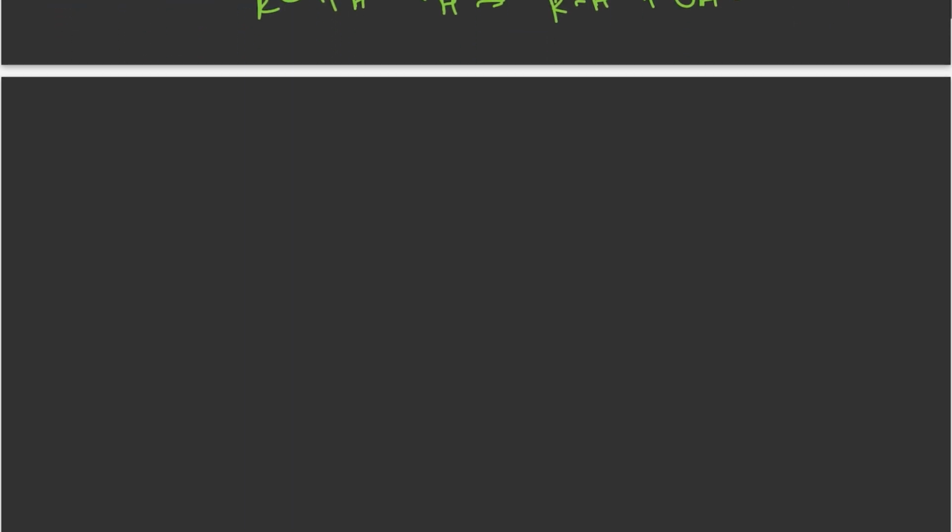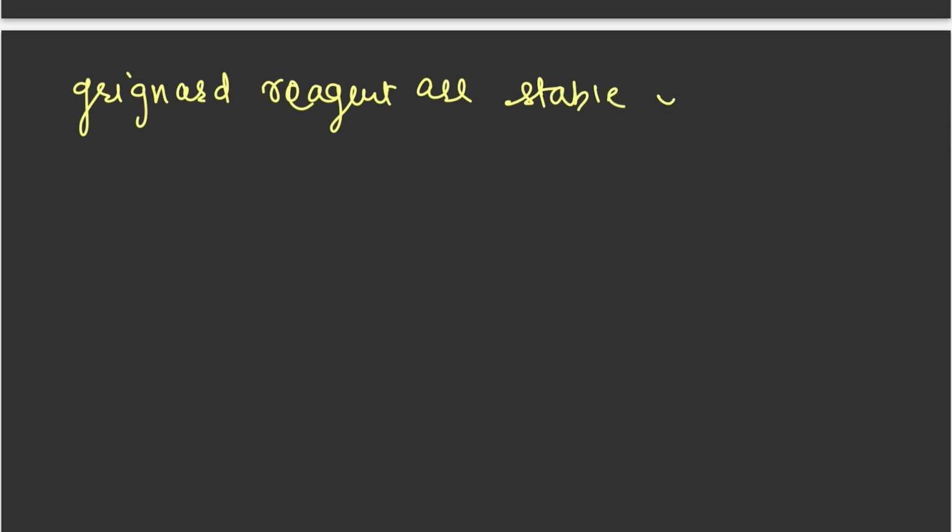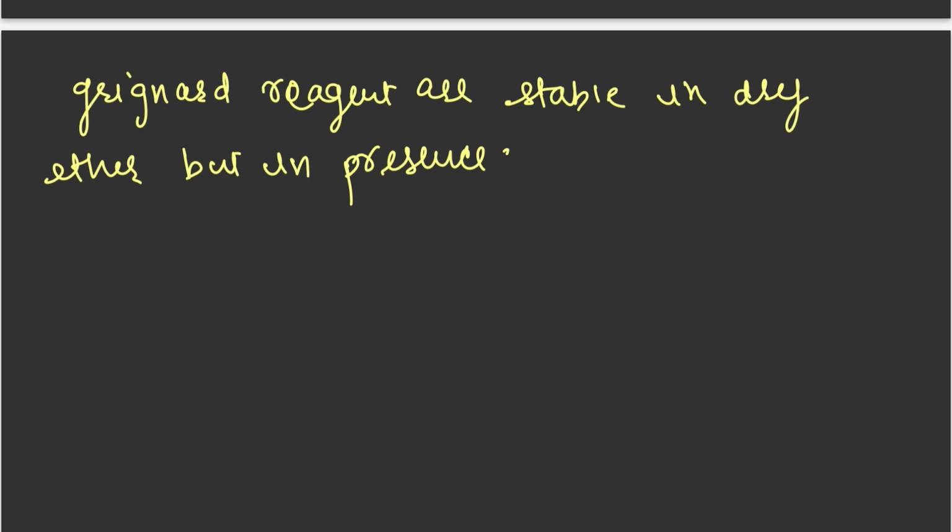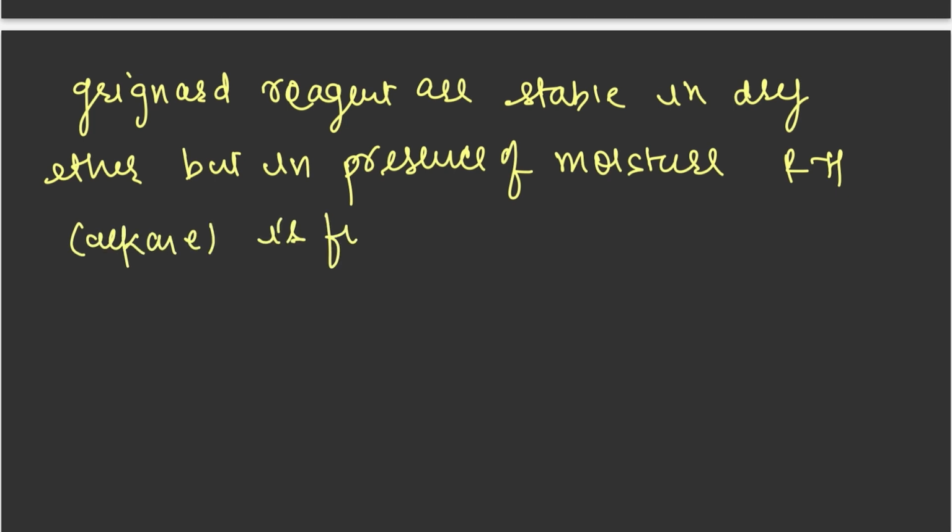So we can say Grignard reagents are stable in dry ether, but in presence of moisture, alkane RH is formed.